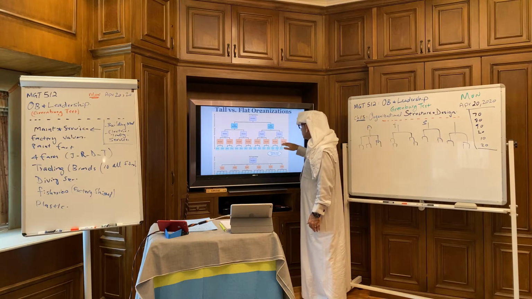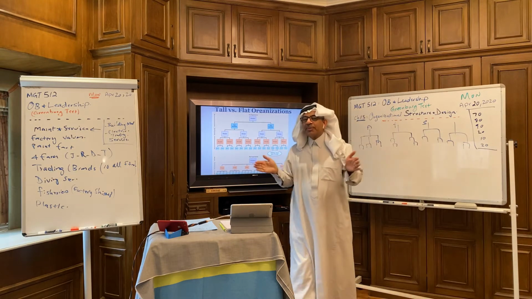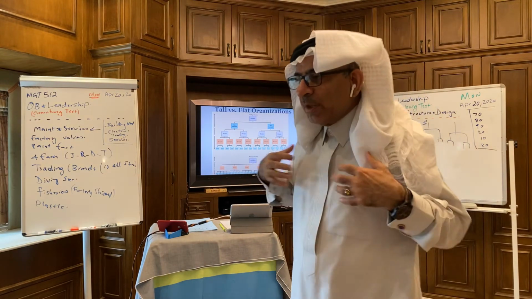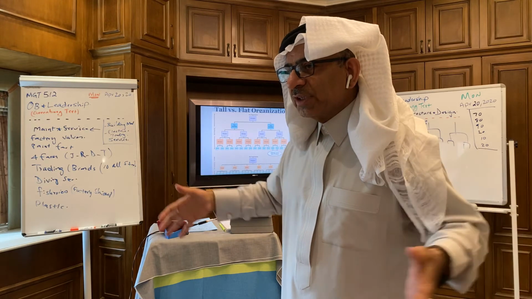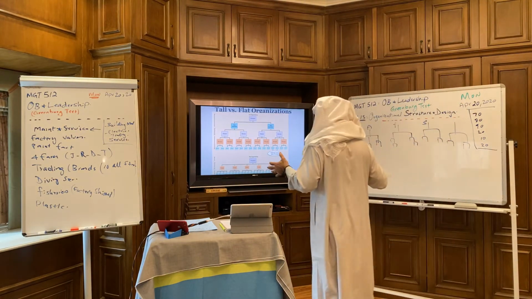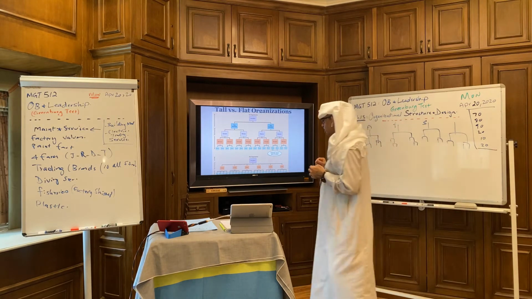Now, notice that each manager has a few workers, a relatively narrow span of control. What we mean by span of control is how many people are reporting to me. 2, 3, 4, 5, 6. Now this depends on so many factors, the ideal number to report to you.